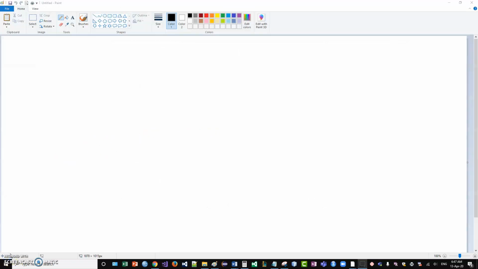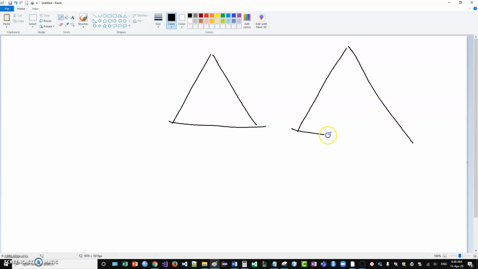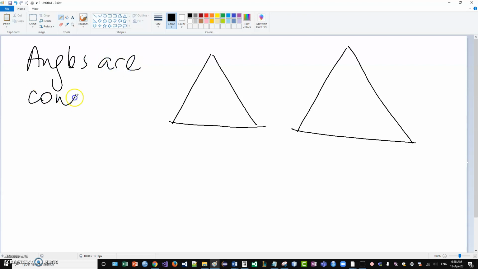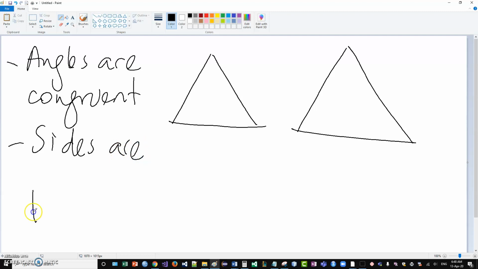Now let's start with the definition of similar polygons. Two polygons are similar if and only if all angles are congruent, and that's one, and the sides are proportional.